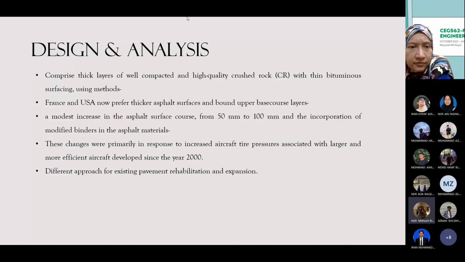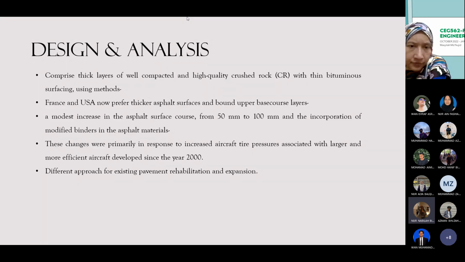A modest increase in the asphalt surface cost from 50 mm to 100 mm and the incorporation of modified binders in the asphalt materials. These changes were primarily in response to increased aircraft tire pressure associated with larger and more efficient aircraft developed since the year 2000.